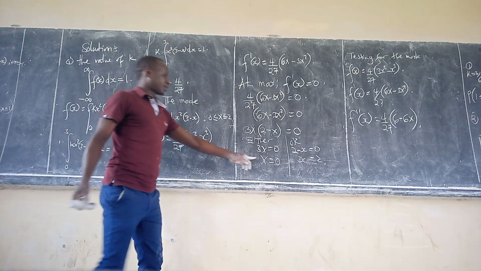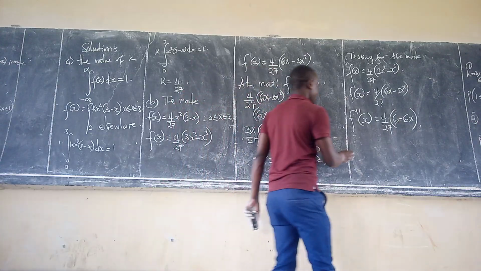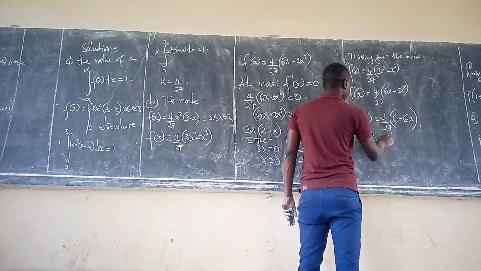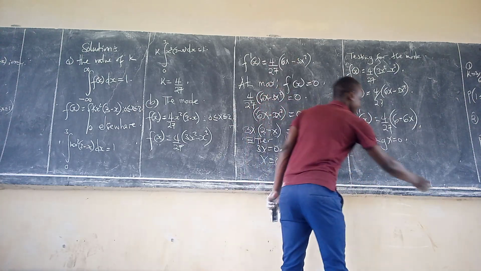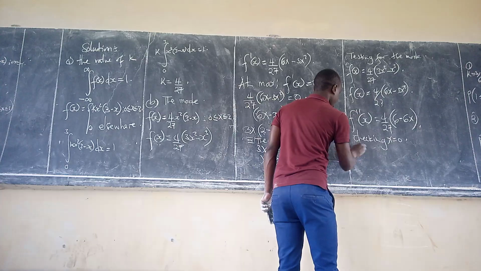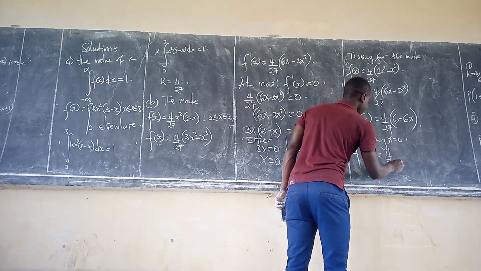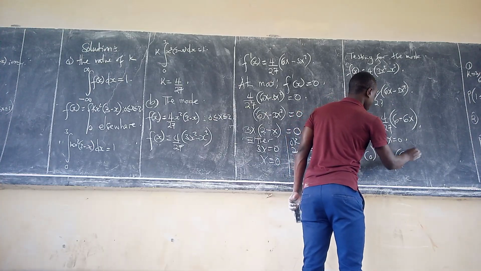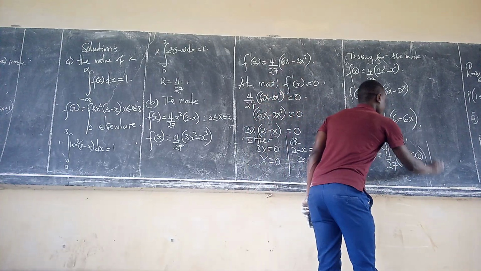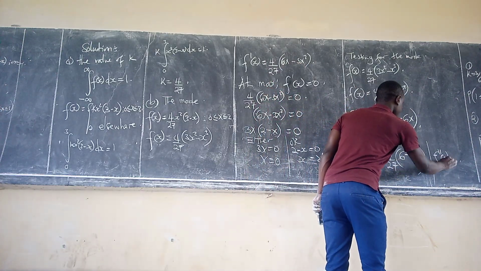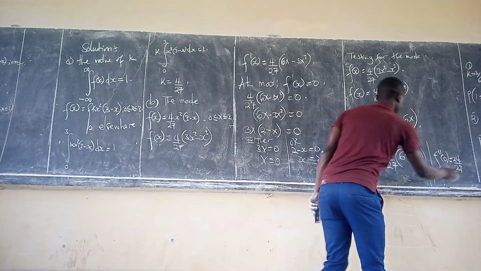Now we are going to pick each x value at a time and put it in the second derivative. Checking x equal to 0. When x is 0, our f double prime of 0 is going to be 4 over 27 into 6 minus 6 times 0. You have to show substitution. So my f double prime of 0 is 24 over 27.